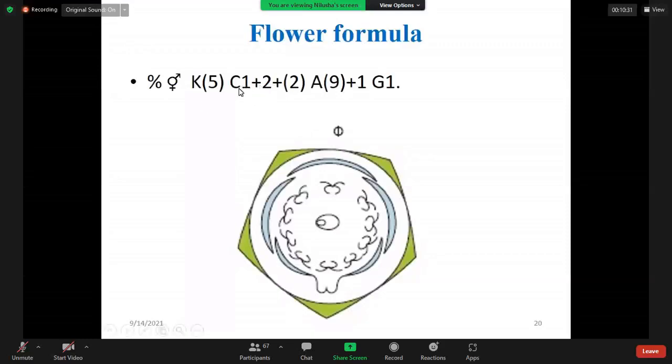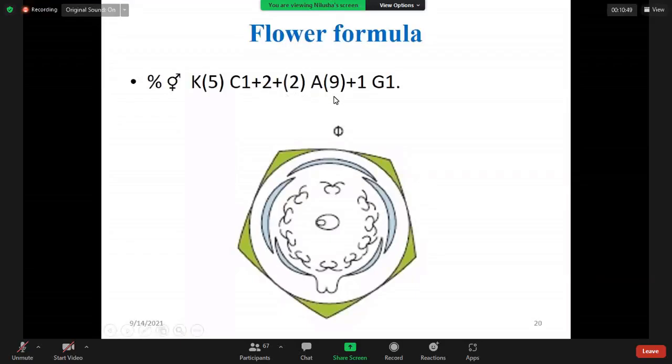So this structure you can see in the floral formula as capital C 1 plus 2 plus 2. I think it is clear for all. This is because of the presence of five petals.